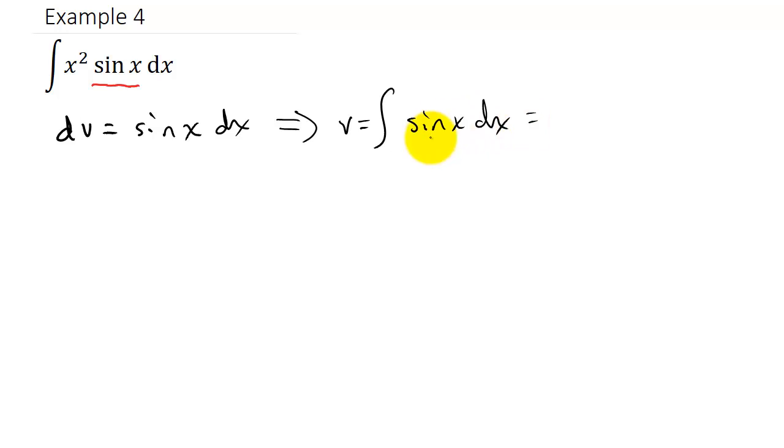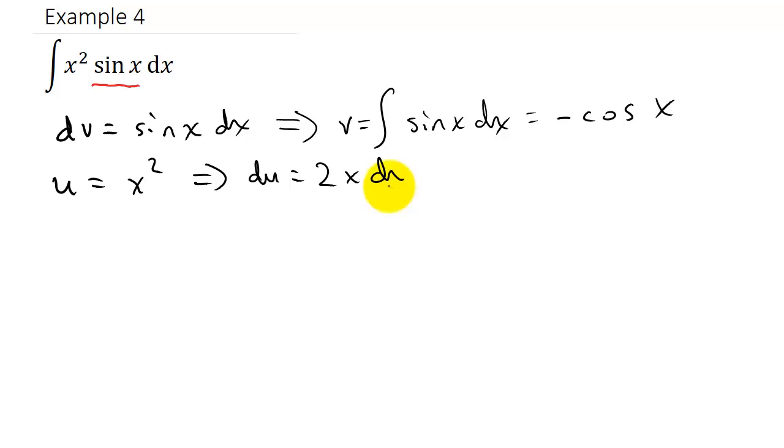And I forgot my equal sign. So this is going to be negative cosine x. And so u is going to be the other one, the x squared. And so that means du is equal to 2x dx.